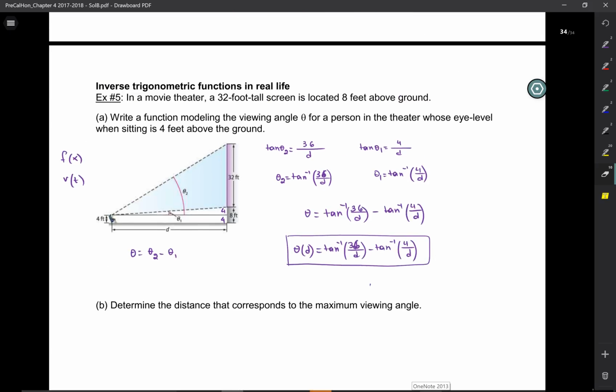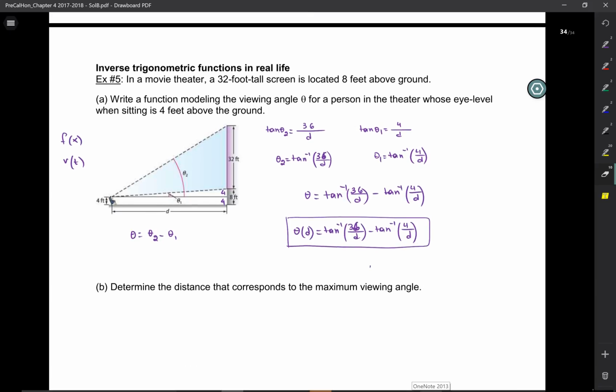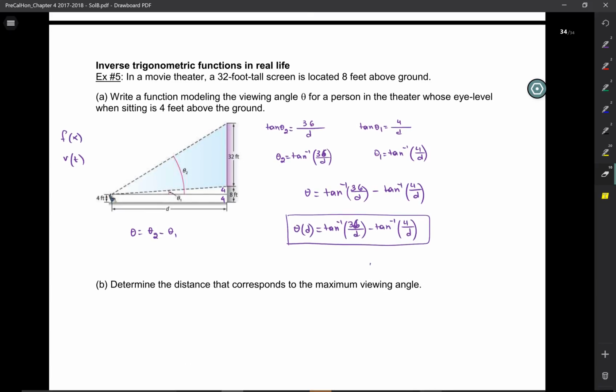So let's just remind ourselves what this problem was about. So we're sitting in a movie theater, right? And there is a screen. We had to figure out an expression for the viewing angle theta. So the viewing angle is the angle that you see the screen at. And we came up with that equation as this.